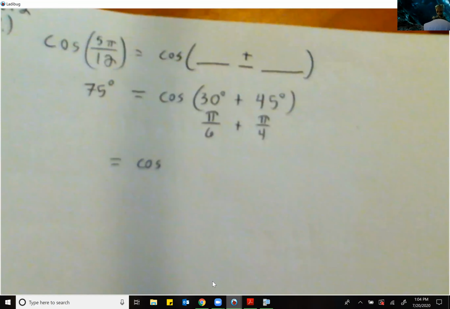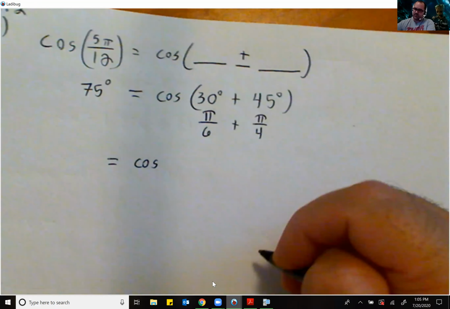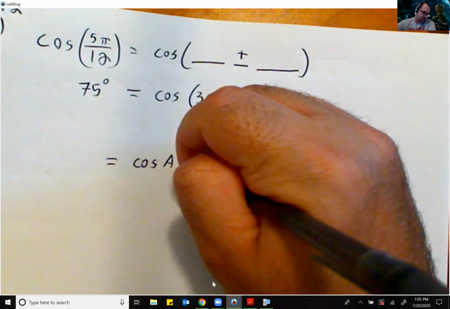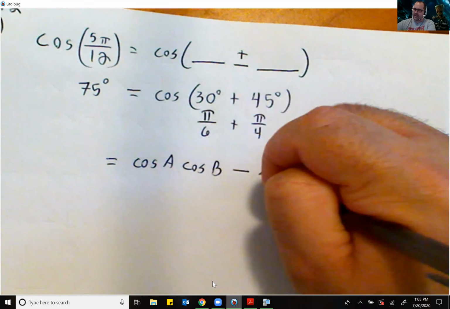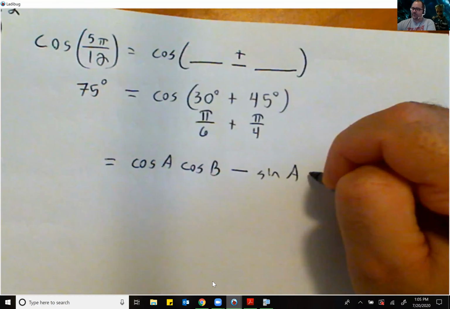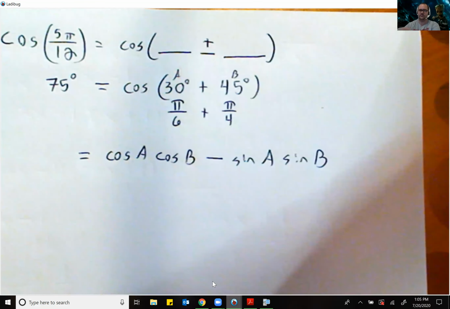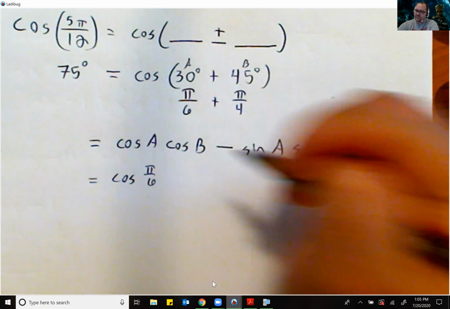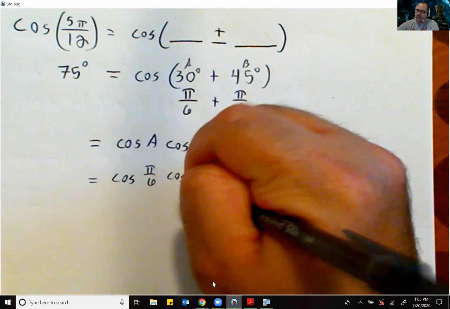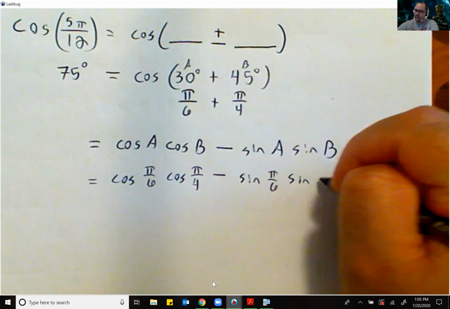You're going to take your A plus B and you will have cosine A, cosine B minus sine A, sine B. This is your A, this is your B. So I'll fill in cosine pi over 6, cosine pi over 4 minus sine pi over 6 sine pi over 4.